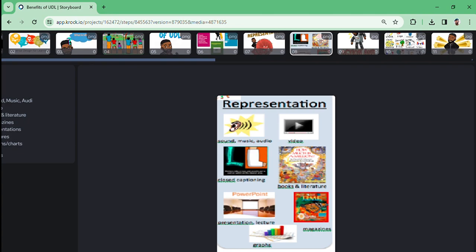So, based on the different types of learning styles, as an educator, we have to ensure that the information provided to the learners is represented in different media. As you can see here, there are various forms of media that the information can be presented in. So we have sound for those persons who are audio learners, video for those persons who are visual learners.